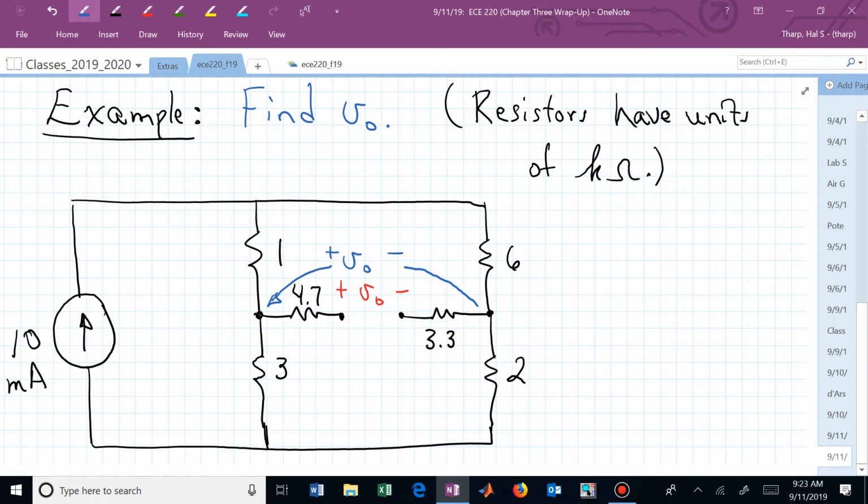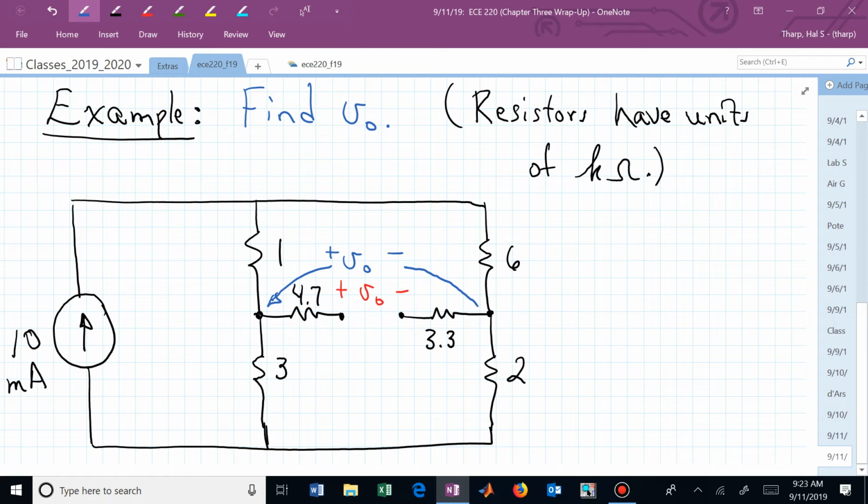And now I'm hoping you see some structural piece to that network. What does that kind of look like? If those 4.7s and 3.3s were connected, what would we call that network? It would be a bridge, wouldn't it? That would be that bridge interconnection. And what do we know about bridges?